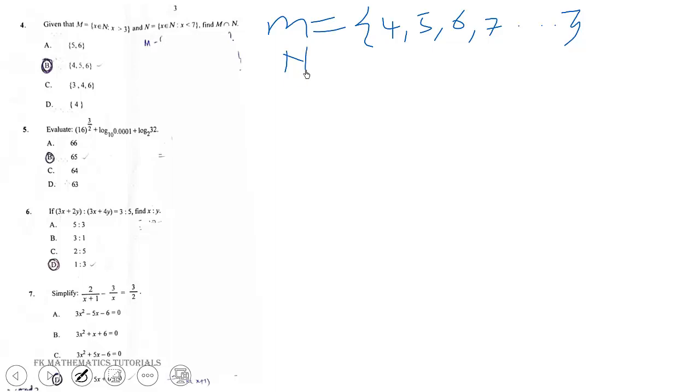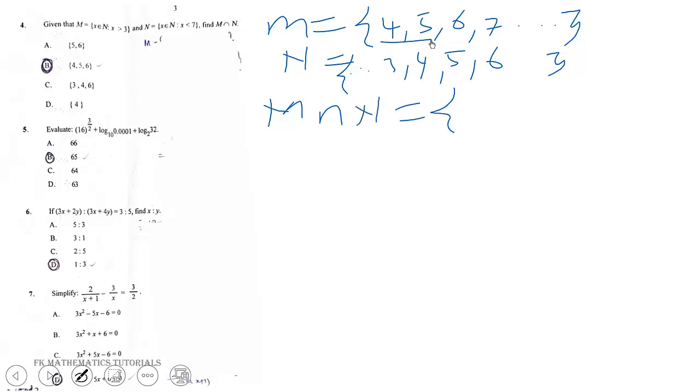And we have N, natural numbers less than 7. So we have 6, 5, 4, 3, and so on. So M intersection N is the set of elements in both M and N. And these elements are 4, 5, 6. So the correct answer is B.